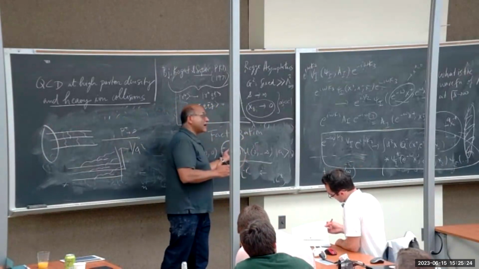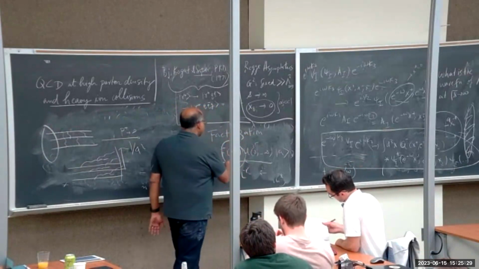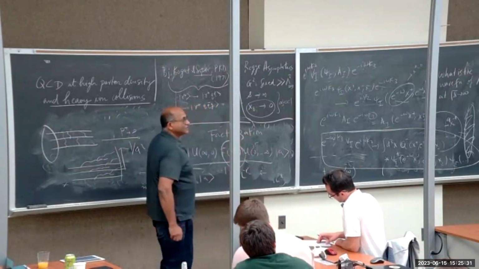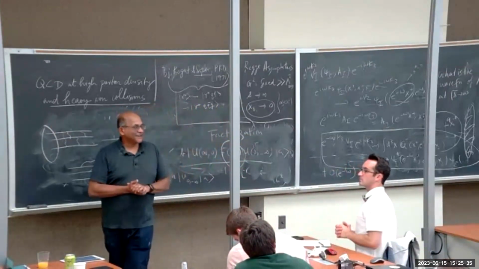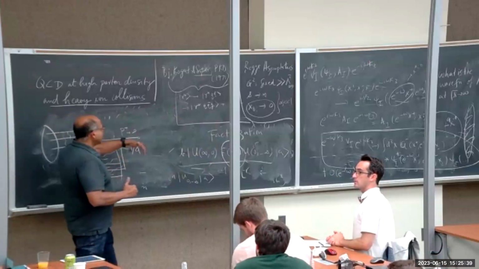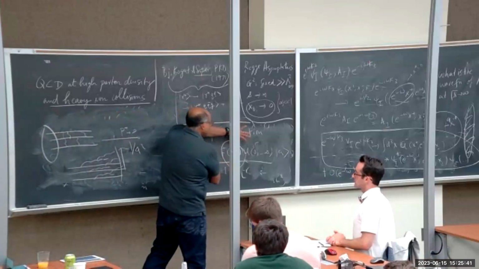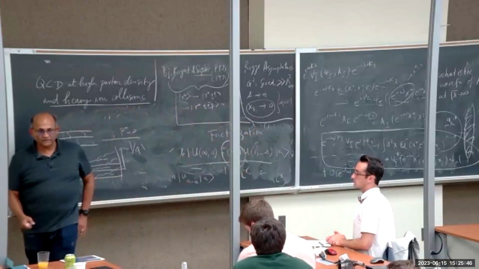There's no x minus dependence either. Exactly. So that's the non-trivial thing in QCD that one has to further work out, and that's where the collinear factorization assumptions come in. So that's a further refinement of this kind of factorization.